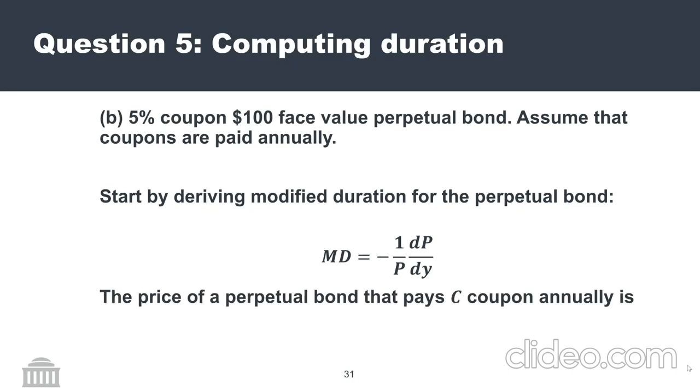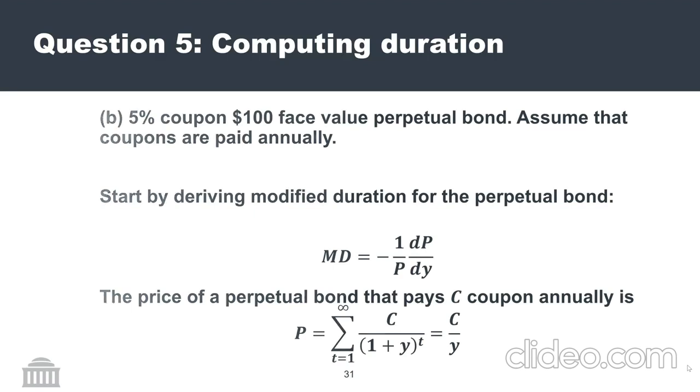The price of a perpetual bond that pays coupon C annually is given by this. Because again, this is just a simple perpetuity with a discount rate of y that pays C, which is the annual coupon payment, every year. And as we've learned in lecture 3, the present value of this perpetuity is simply C divided by y.